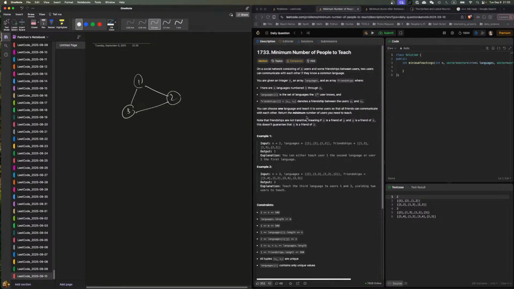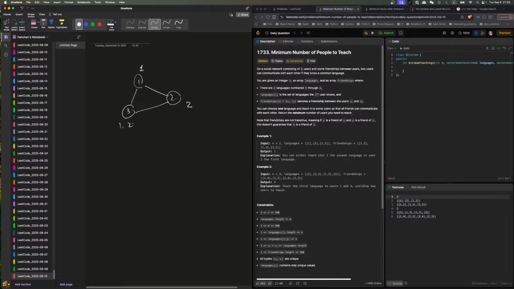A friendship I denotes a friendship between user U and V. So we have user 1, 2, 3. I think there is some issue with the indices, because this UV is 1 based, I is 0 based. Like, what the hell? So I think this is the first user, this is second user, third user. So first user knows 1, second user knows 2, third user knows 1 and 2, right?